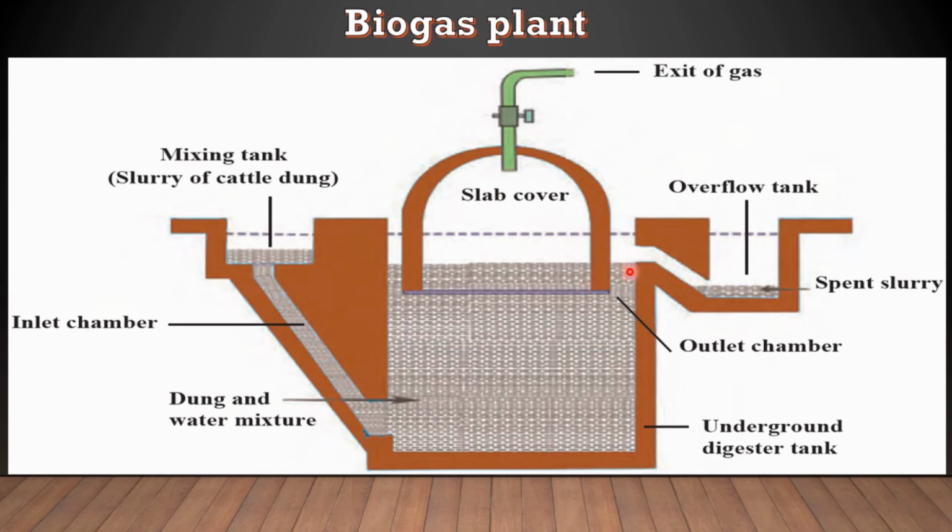From the outlet chamber, the spent slurry overflows into the overflow tank, and the spent slurry is manually removed from the overflow tank and it is used as good manure for the plants. The gas valve connected to a system of pipelines is opened when the supply of biogas is required.